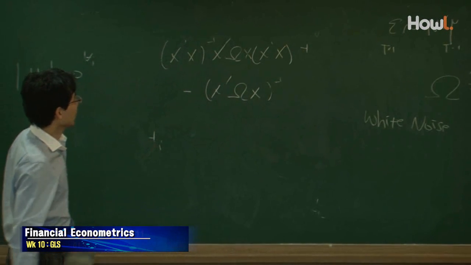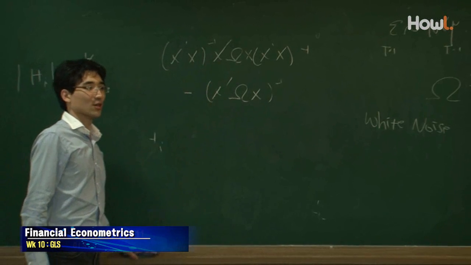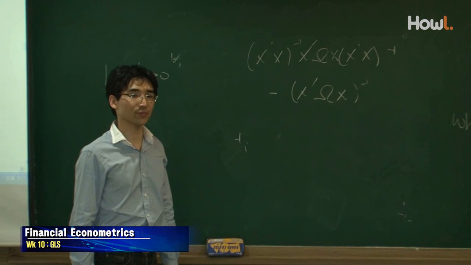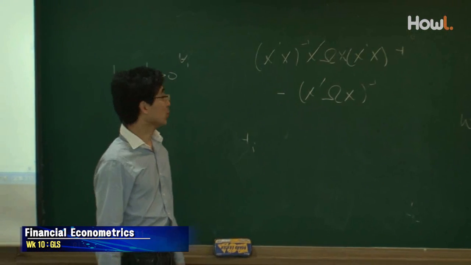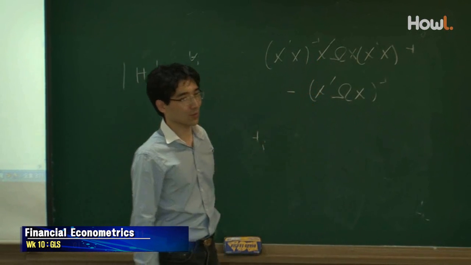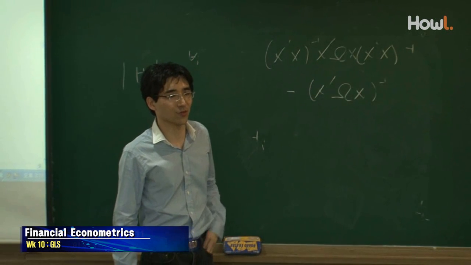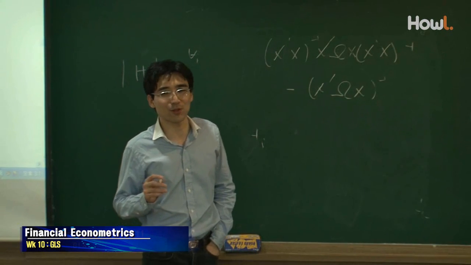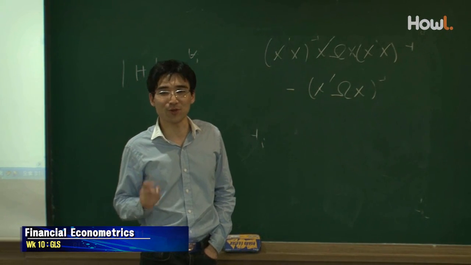We have this, and the difference between this and this is actually a positive semi-definite matrix. Positive definite is similar to a positive real number.